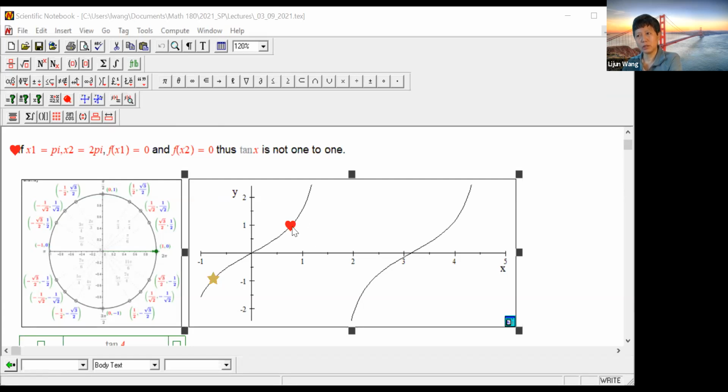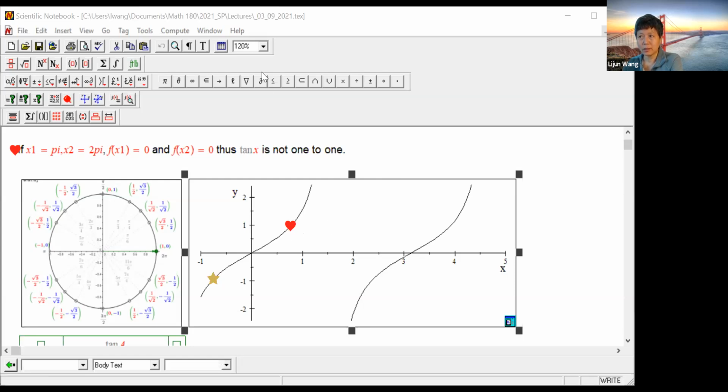So the heart, what is the heart? Remember, this is the tangent curve. The tangent curve is about tangent and tangent alone. So what is tangent? Tangent takes input and produces output. The input is the angle and the output is a ratio. The ratio, of course, is y over x.